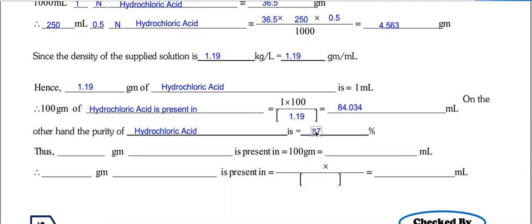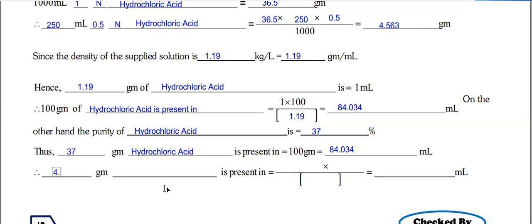So 37% purity indicates that 37 gram hydrochloric acid is present in 100 gram, and 100 gram hydrochloric acid is equal to 84.034 ml. That means 37 gram hydrochloric acid is present in 84.034 ml, and we have got 4.563 gram.